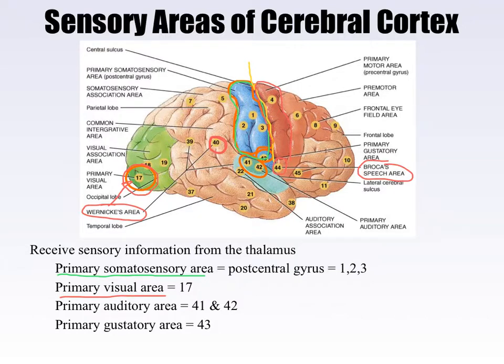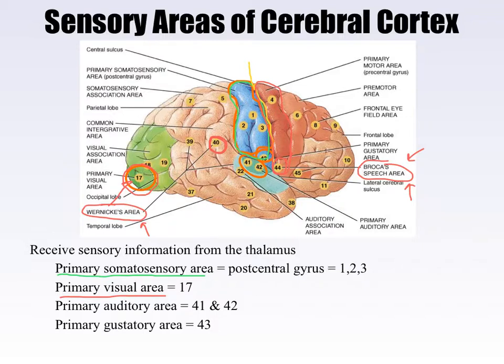That's what allows you to produce speech, basically to talk. That is Broca's area. Now, let's see if anybody can tell me what is wrong with this slide. If this is Broca's area and this is Wernicke's area, what's wrong with this picture? See if you can figure it out.